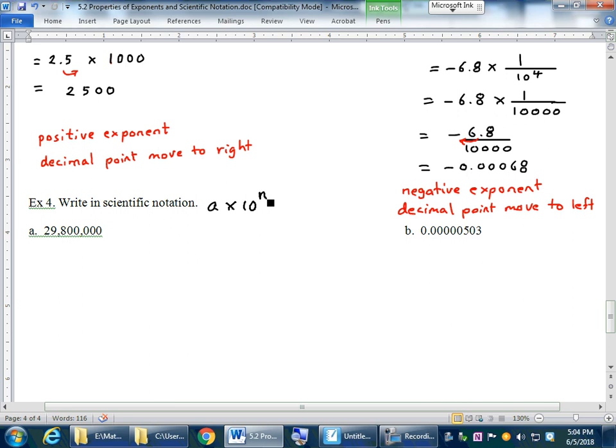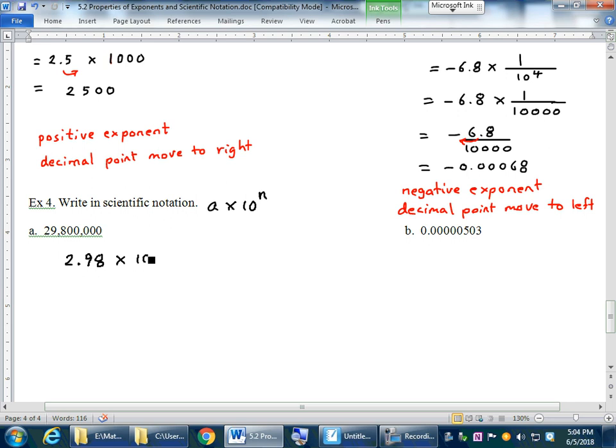That means I have to put a decimal point between 2 and 9. That makes it a number that is less than 10 and greater than 1. Now I cannot change the value, so I have to multiply by 10 to some power.